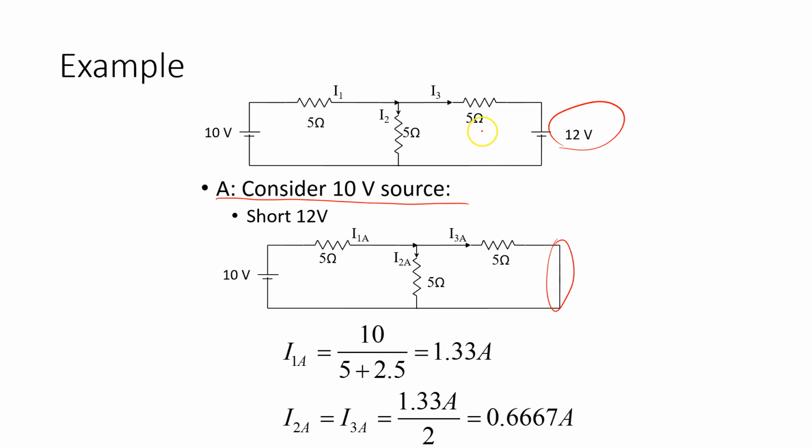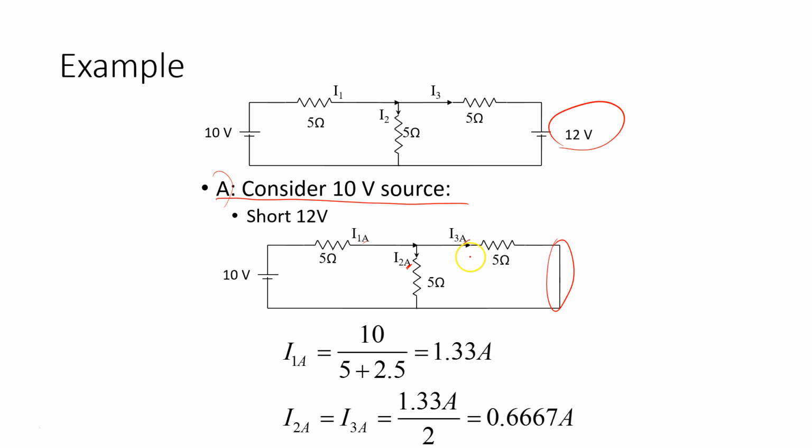And you'll see this is part A, so I just labeled the subscripts here: I1A, I2A, and I3A. Good. So now we're going to find these currents I1A, I2A, and I3A.